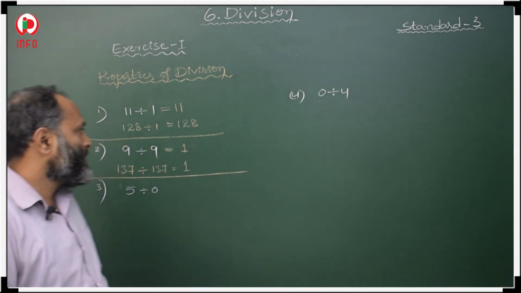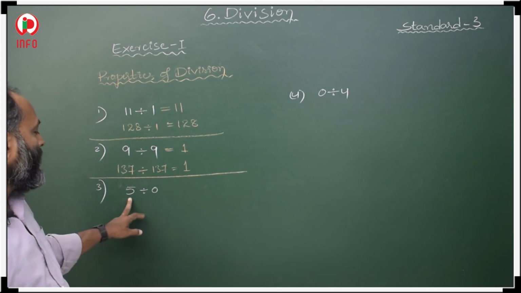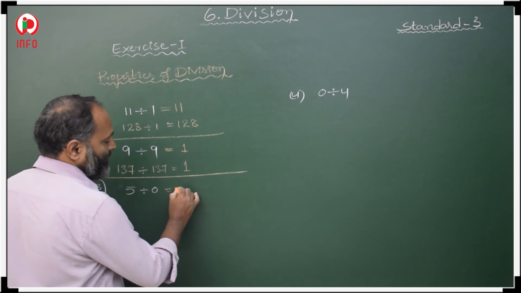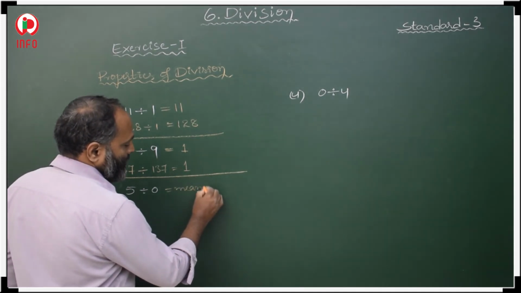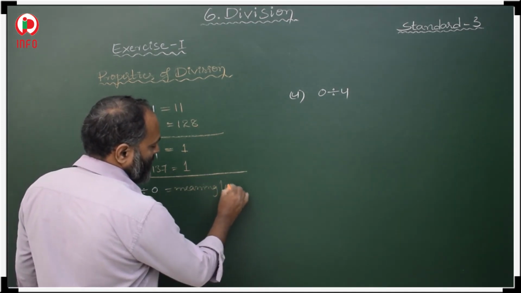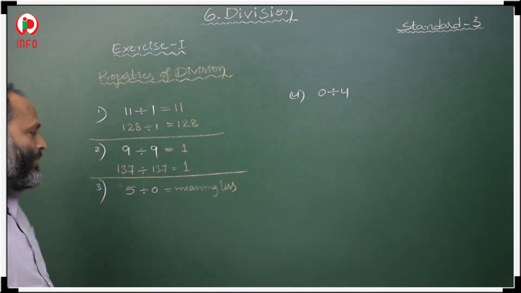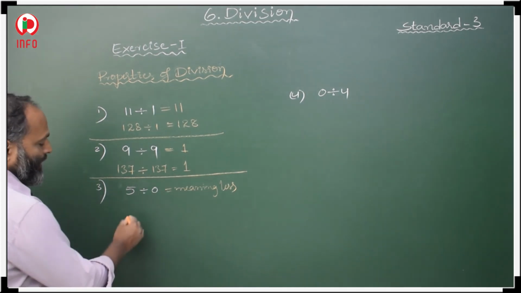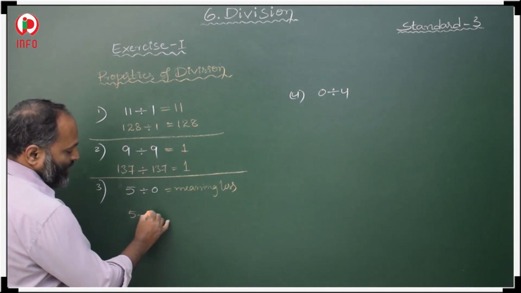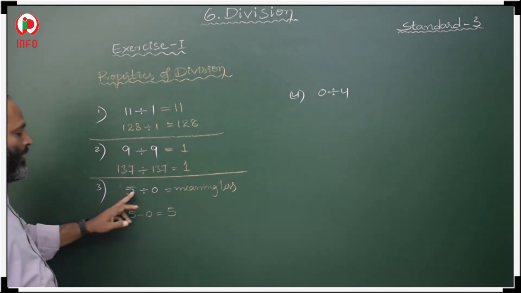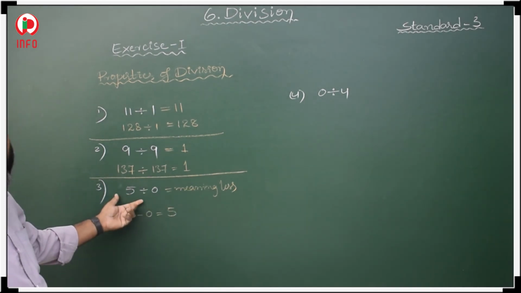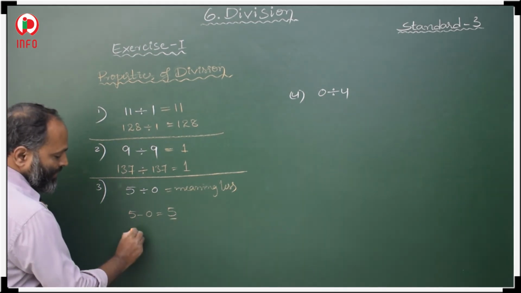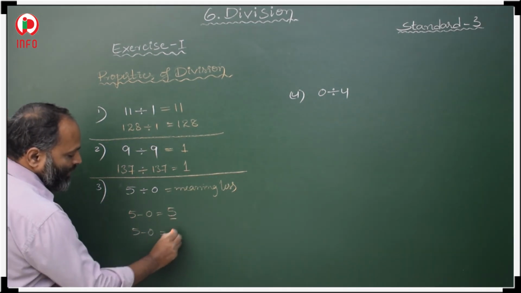Next, if any number is divided by 0, it is meaningless. There is no answer. Why? Suppose we do division as repeated subtraction: 5 minus 0 is 5. Again we take this difference minus 0, again 5.